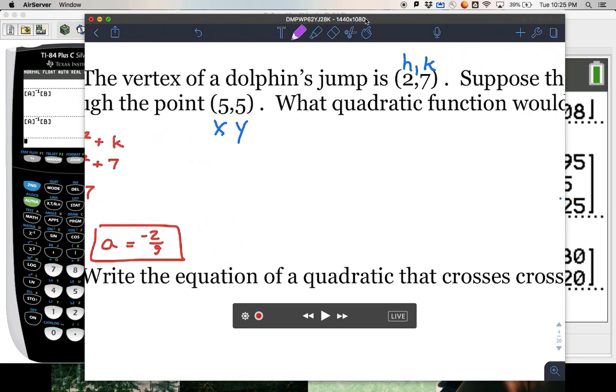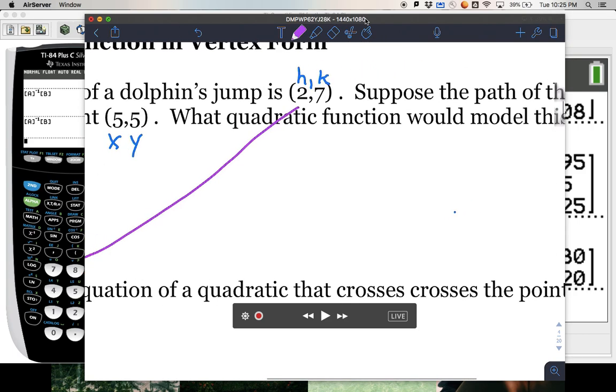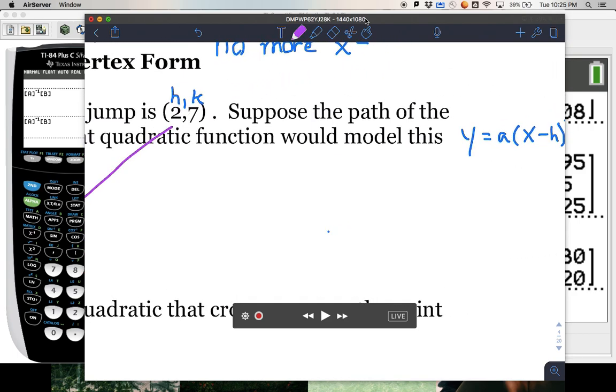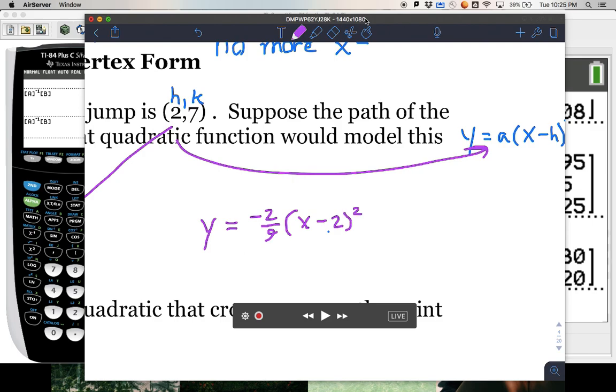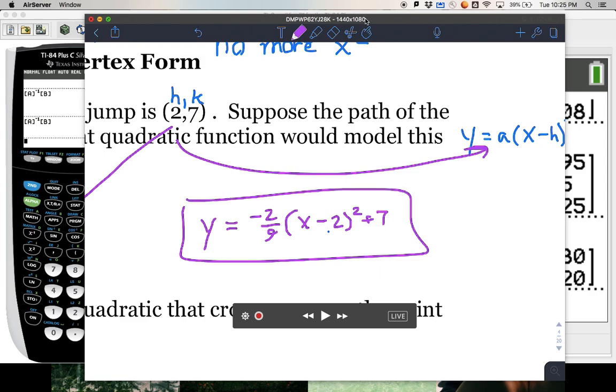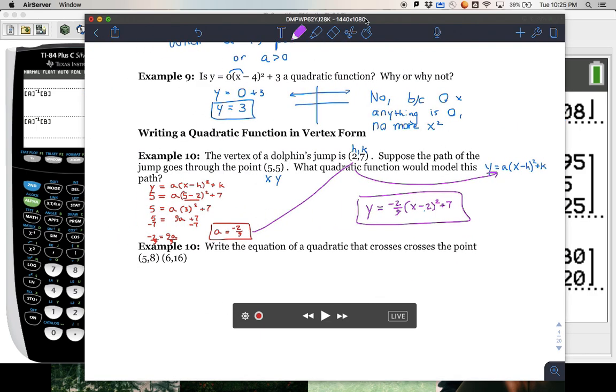So we're going to take this a, and also this h and k, and plug it all in. So we'll put y equals negative 2 ninths, x we keep as x, same thing with y, and then x minus 2 for the h, and the k was 7. And that would be your equation in vertex form.